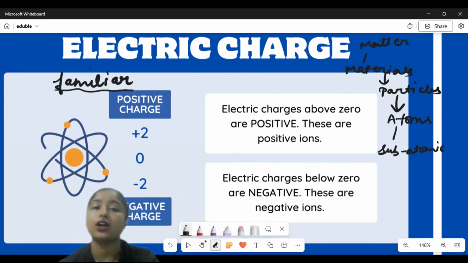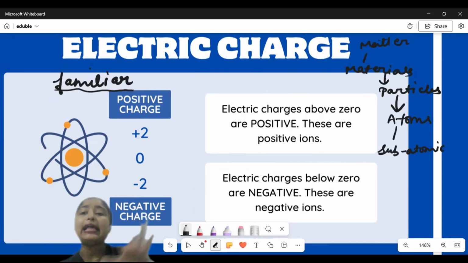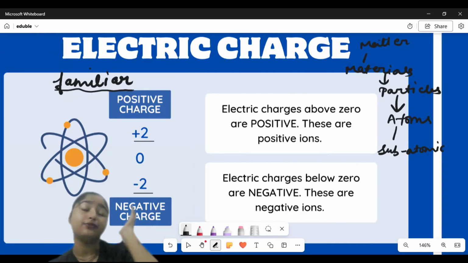Now, what is an electric charge and how does it work? So let's suppose this is an atom, okay, and the subatomic particles have some charge. A positive charge is of +2 and a negative charge of -2. That is just easy. If there is a positive charge, that would be represented as a positive number.